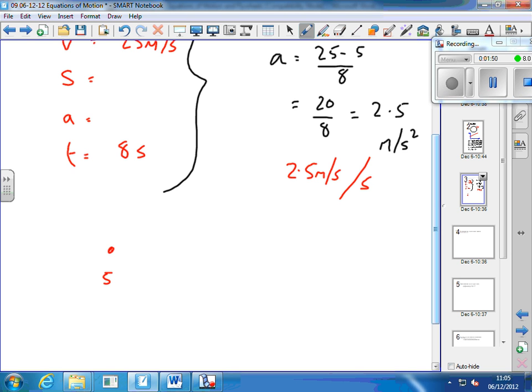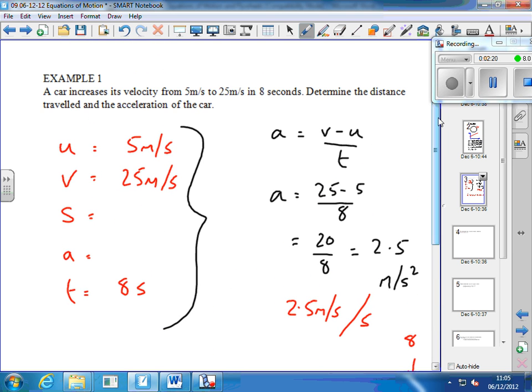So if it starts at 5, after 1 second it's going at 7.5. After 2 seconds it will be going at 10, add another 2.5. It's increasing at the rate of 2.5 every second. So after 3 seconds, 12.5, and then 15, and then 17.5, and so on. And you'll find that after 8 seconds, it's going at 25, which is what we had in the problem.